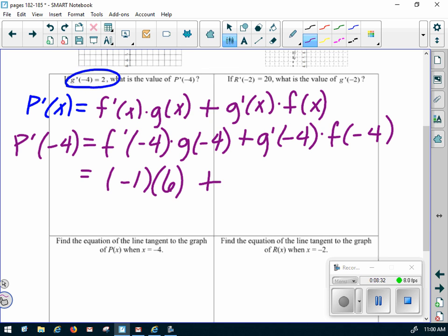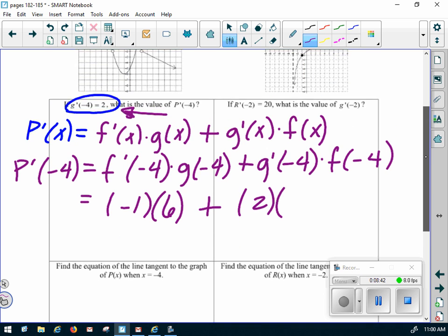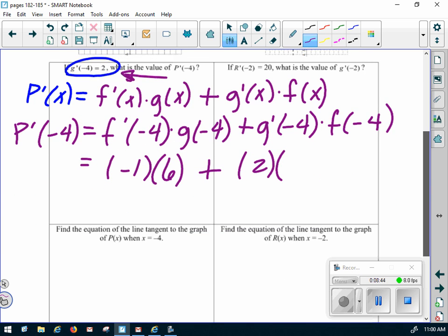Plus g prime of negative 4. That's what was given here. Times f of negative 4. Look on your graph. Negative 1. What's that give you? Negative 8. So p prime of negative 4 is negative 8. Questions? Okay.